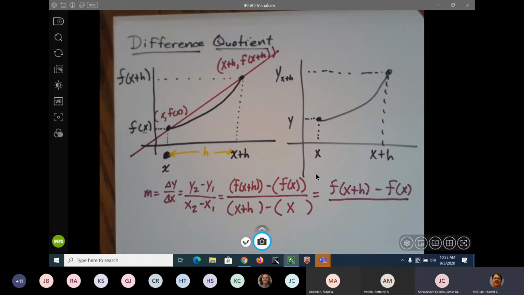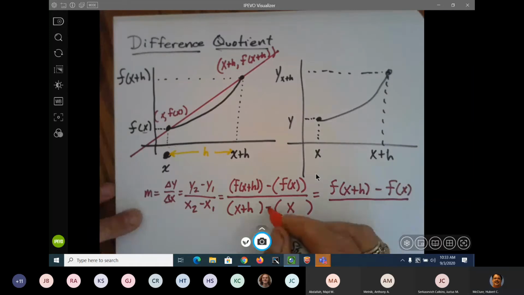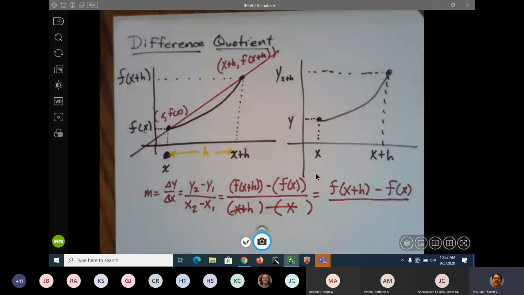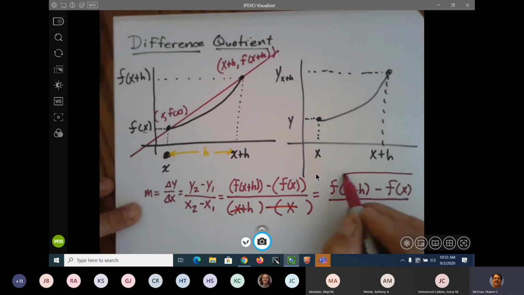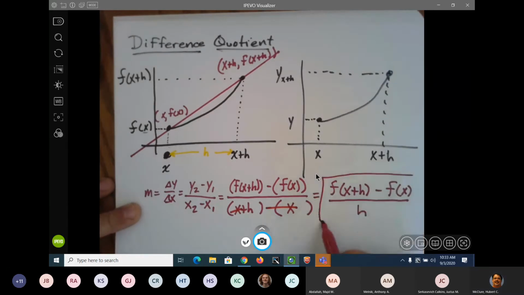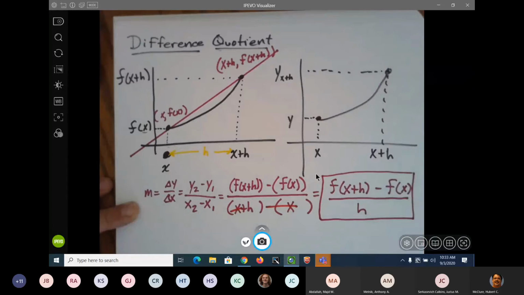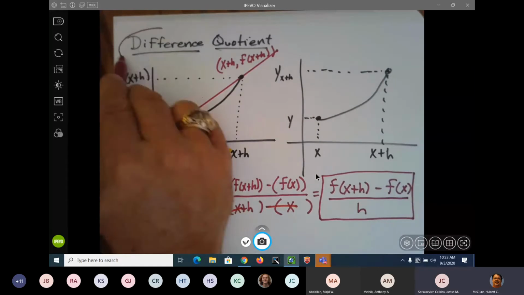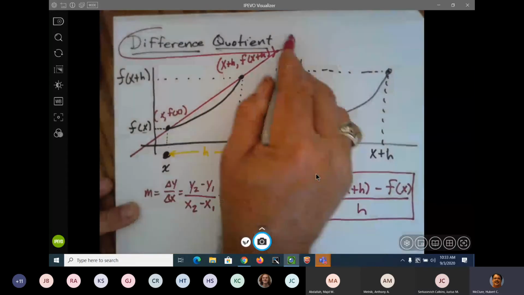Let me get my red marker, which is going to clash with this magenta, but that's okay. They cancel, and that leaves h. And somebody tell me what this is. That's called the difference quotient.